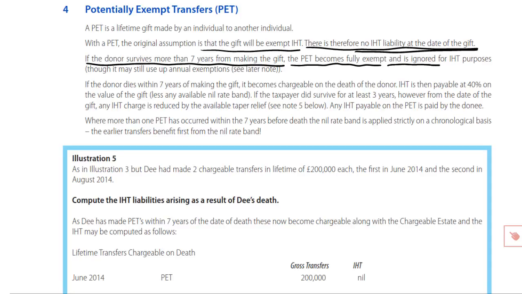And that means that it will be ignored for IHT purposes, other than, we've not yet seen them, but if you had a list of transfers within a year, it may still use up an annual exemption, but we'll see that in a later note. At the moment, we are assuming that the transfer of value is also, another term I've used, the chargeable transfer.